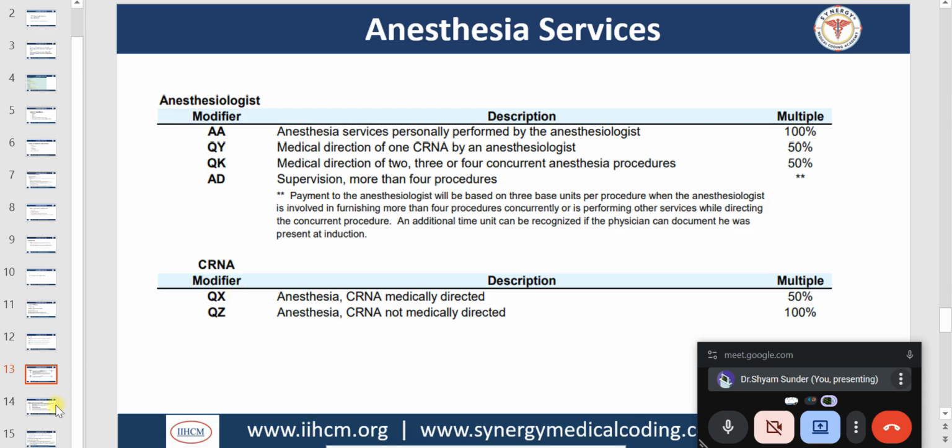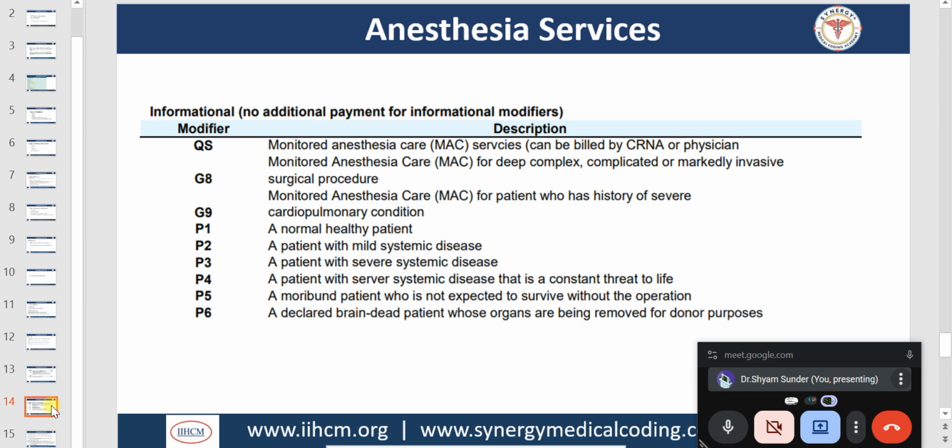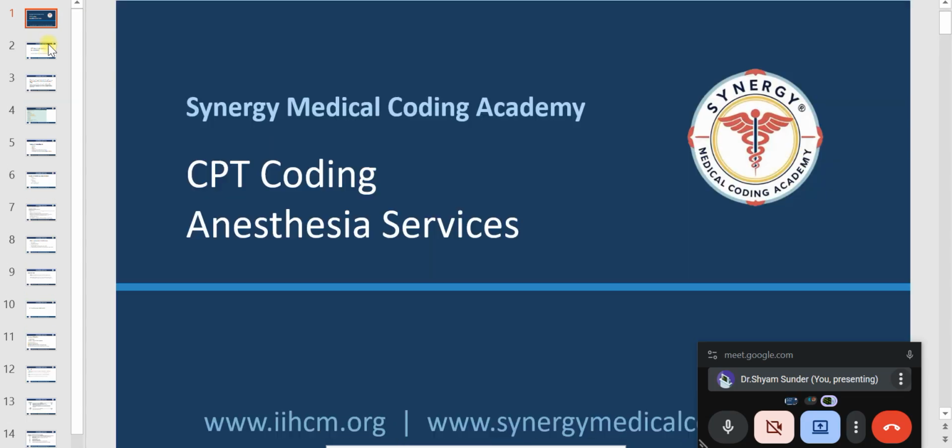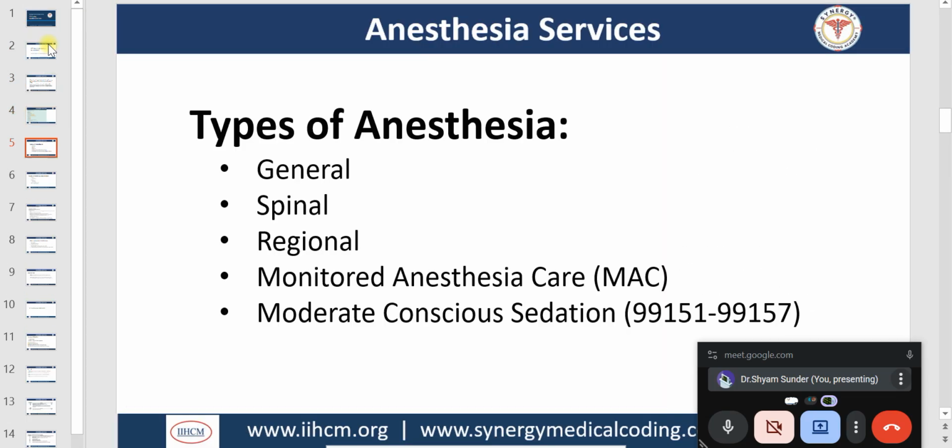Then we have another set of modifiers. QS, monitored anesthesia care. In the beginning, if you remember, we have different types of anesthesia. One type of anesthesia is MAC, monitored anesthesia care.